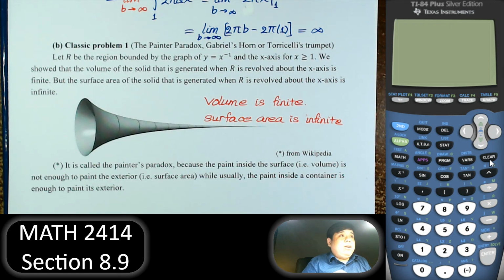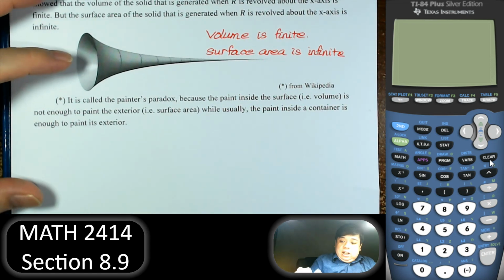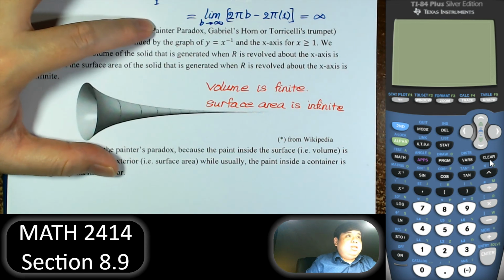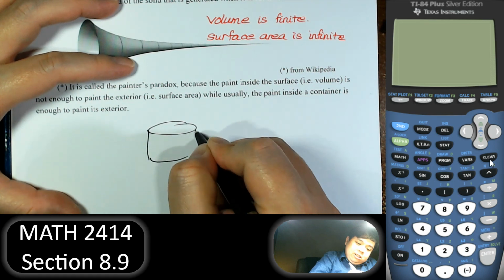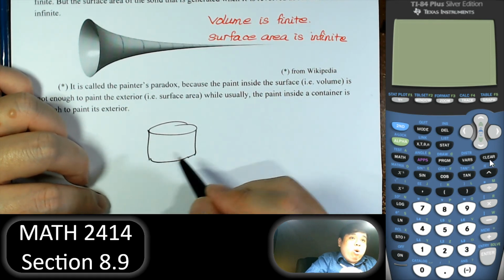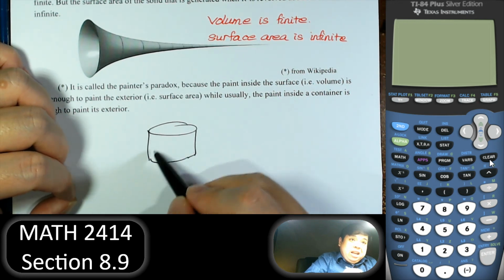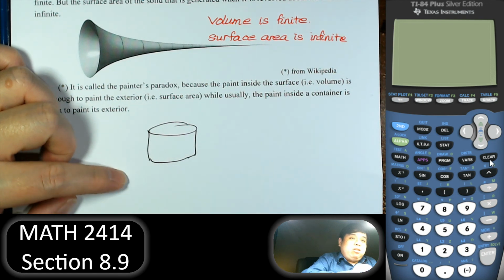Right, now this is called a paradox because typically, let's say we are a painter, we have a bucket of paint, and the bucket is full of paint. If you take the paint inside, it will be more than enough to paint the surface on the outside, right?